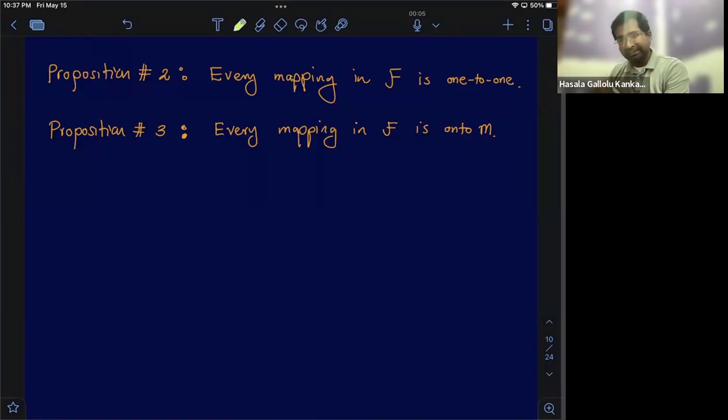And don't forget, each mapping is from M to M. And you can further prove that it's going to be onto M too. So if we consider this one, the collection that you see here is none other than the collection of bijections from M to M.